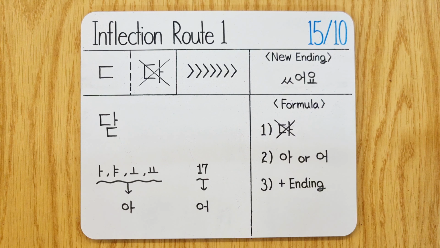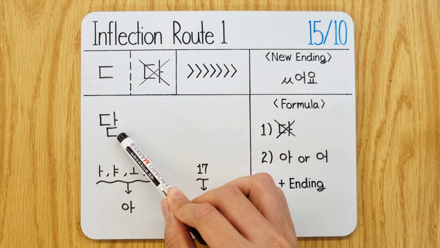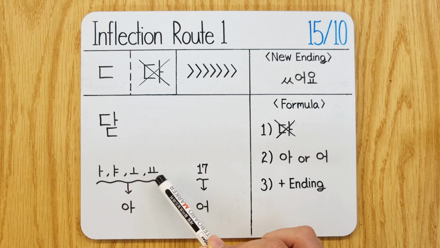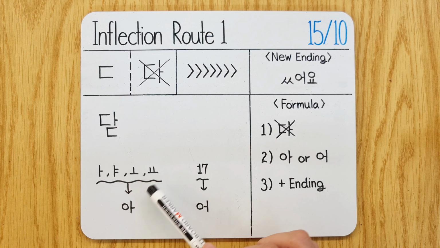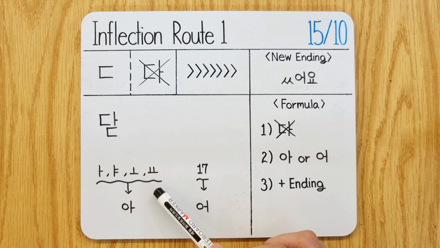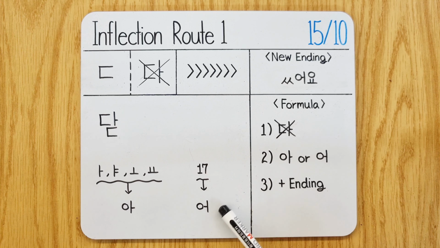There are 21 vowels in Korean, and if the vowel that came right before the D consonant is one of the 4, a, ya, o, or yo, then it means that the irregular middle section should look like a. If it is not one of the 4, in other words, one of the other 17, then it means that the irregular middle section will look like all.